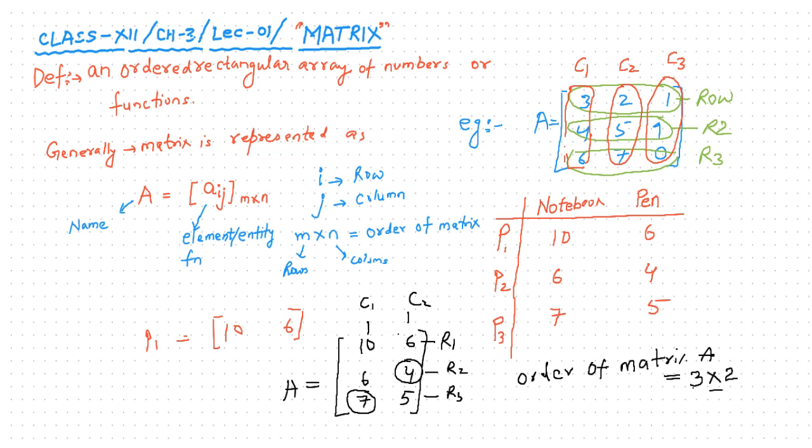We read it as 3 by 2. This is how we read the order. And if I ask you how many elements are there, you just need to multiply 3 into 2, that is 6. The matrix is having 6 elements or 6 entities. In this case, these entities are numbers.